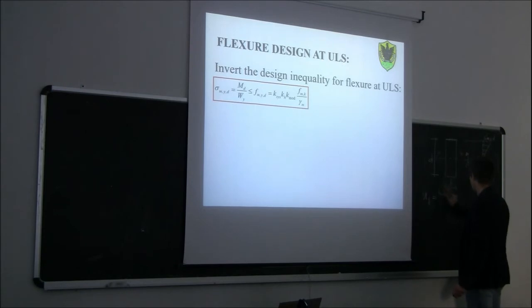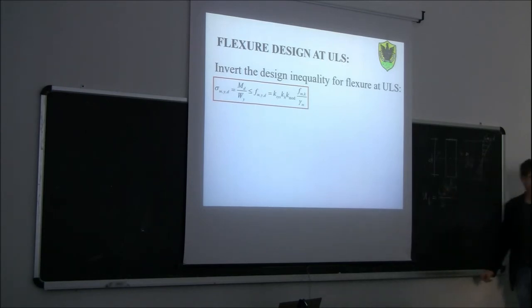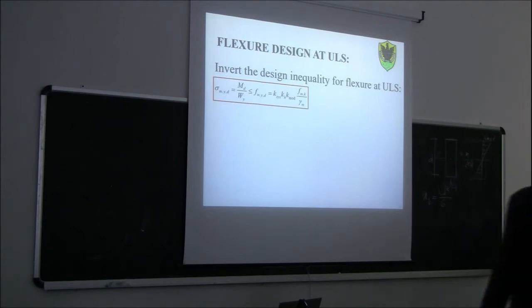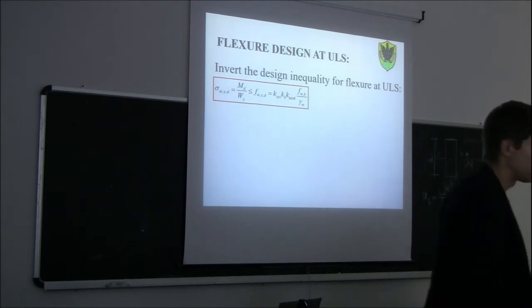B D squared divided by 6. Yes, the elastic one is divided by 6. The plastic one is divided by 4. Which one do we use for timber? The elastic one or the plastic one? Are we sure that we use elastic?